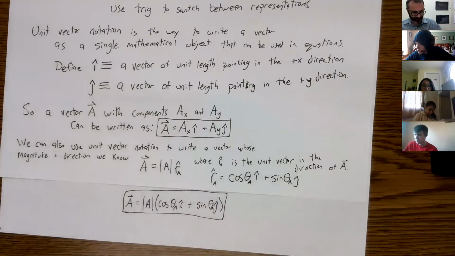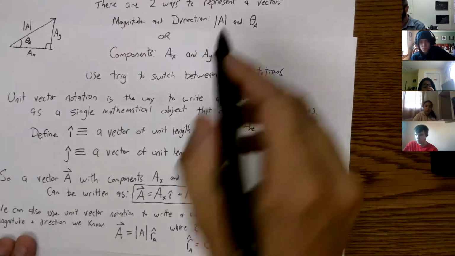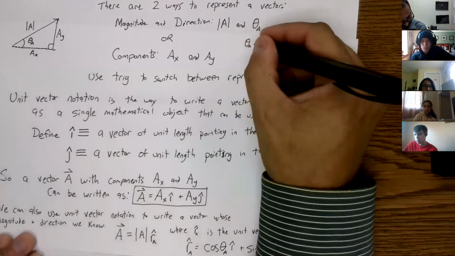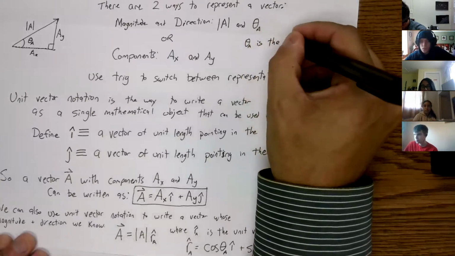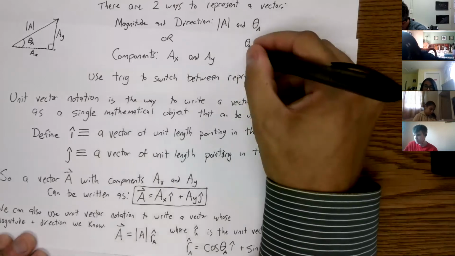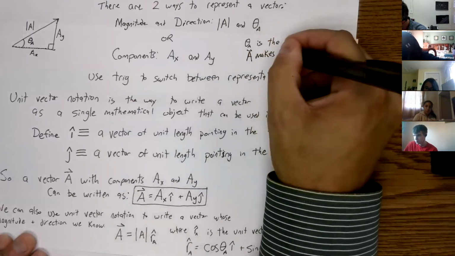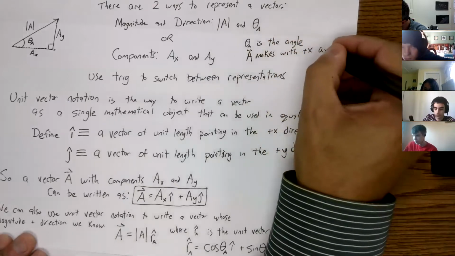And I should have put it up here, just because we should be super clear about that. I'll put up next to this that theta is the angle that A makes with the positive x-axis.